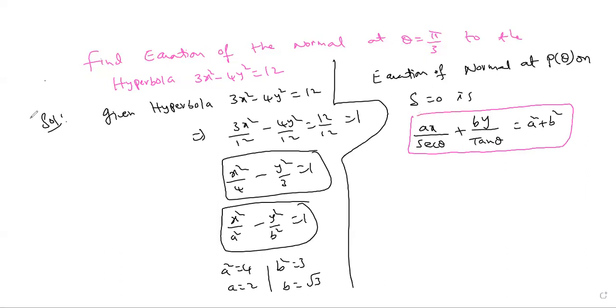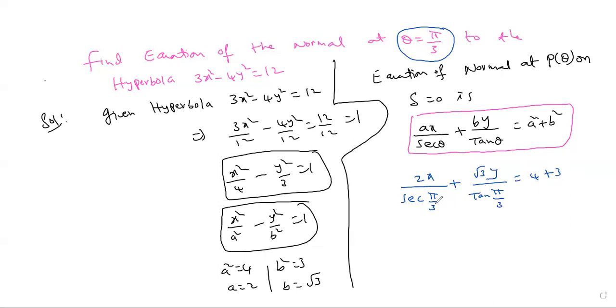Just substitute them. What is a? a is 2, so 2x by secant theta, given theta as pi by 3, plus b which is root 3, y by tan pi by 3, is equal to a square plus b square, 4 plus 3.